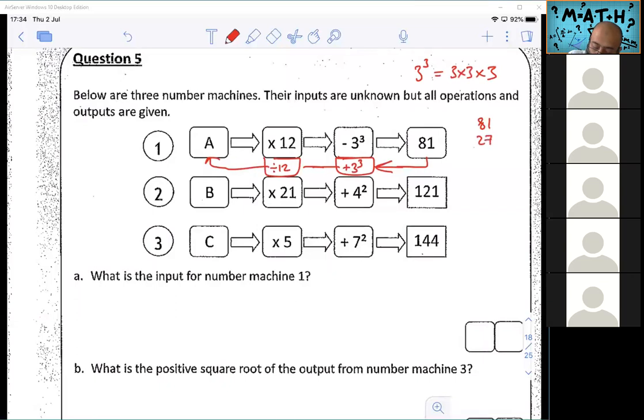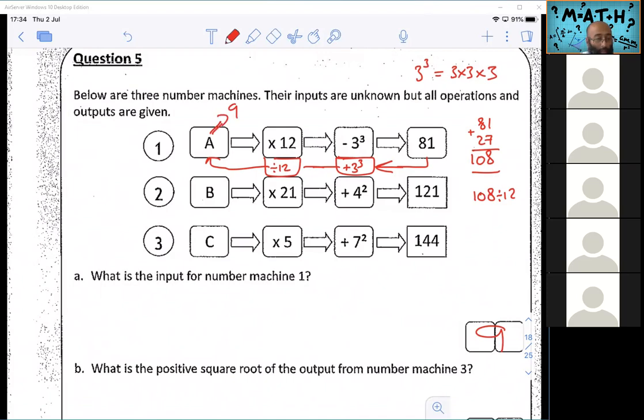And then 81 plus 27 gives you 108. And then you divide that by 12, which is 9. Fantastic. So the A is equal to 9. Done. Beautiful. Okay, I like that technique of yours.